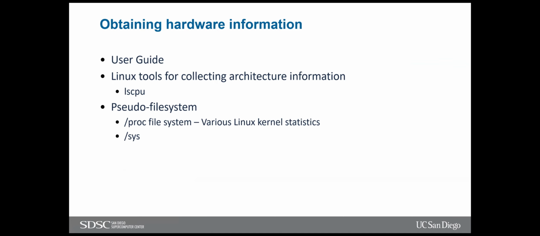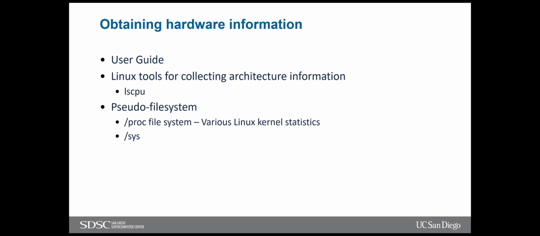The other place is Linux tools on the system. So there's a lot of Linux tools out there. I should mention Linux because the system that I will be giving the examples from today is Expanse, and Expanse runs Linux. It should be noted that for HPC, a Linux operating system or kernel is not unique.